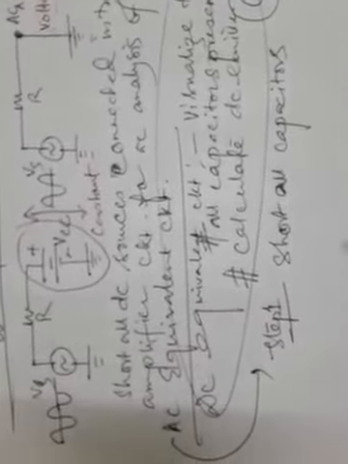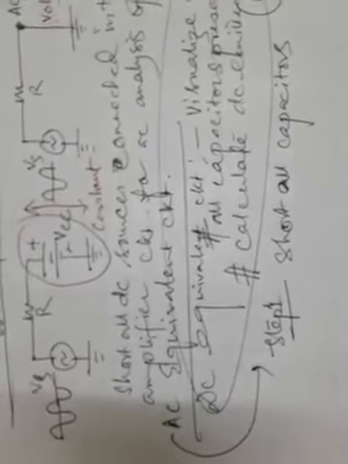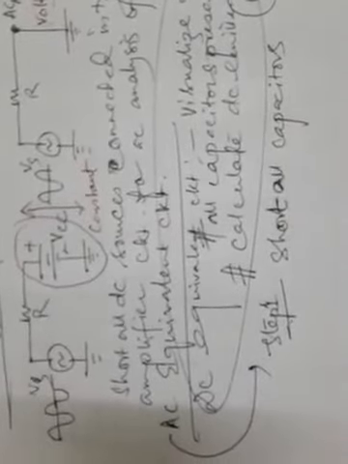Step 1, short all capacitors present, because for AC signals, the higher the signal frequency, the easier it is for the capacitors to pass those signals through them. So capacitors will act like a short circuit in the AC equivalent for a transistor amplifier. This is the first step.